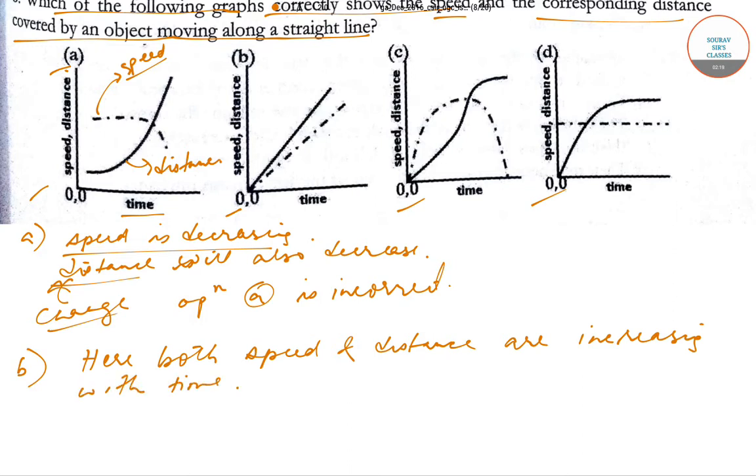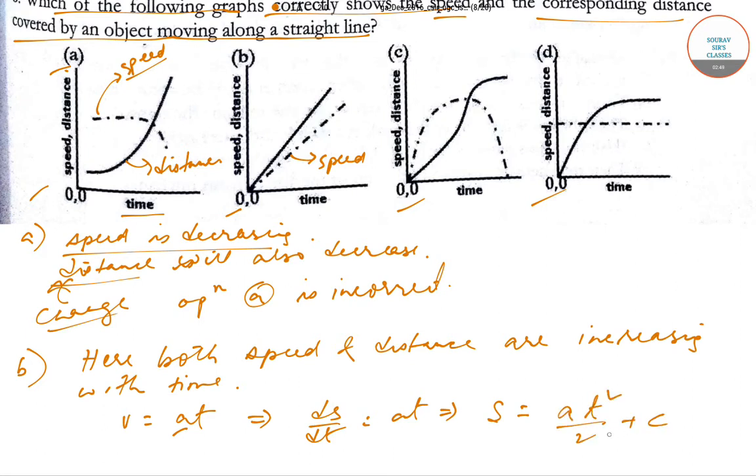Now as you can see here, the speed line is a straight line through the origin. So we can write that speed v is equal to at, where a is a constant and t is the time. That will imply that ds by dt will be equal to at, and that implies that s is equal to at square by 2 plus some constant, suppose c.